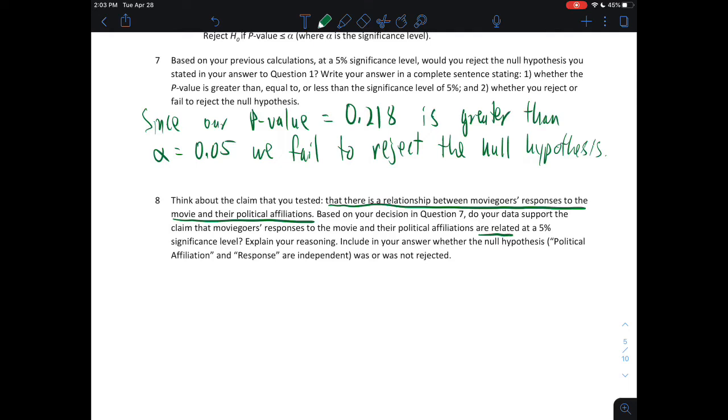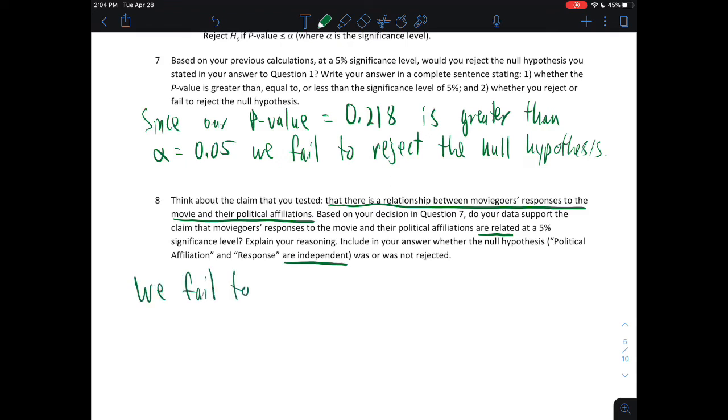Explain your reasoning. Include in your answer whether the null hypothesis, political affiliation and response are independent, was or was not rejected. So, did we reject the null hypothesis? No. We failed to reject the null hypothesis. So let's start with that.